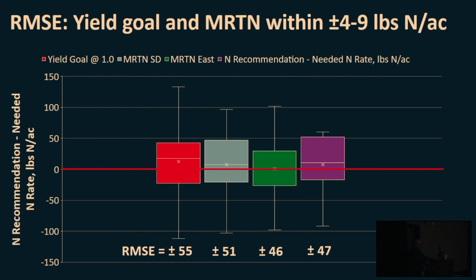MRTN for the whole state of South Dakota. For the east in the green, and look at there, it's almost perfect. So I guess we should all just start applying a lot less N, and I think you have. And then the N recommendation minus the N needed is there in the purple. So you can look at the different variabilities that are there.